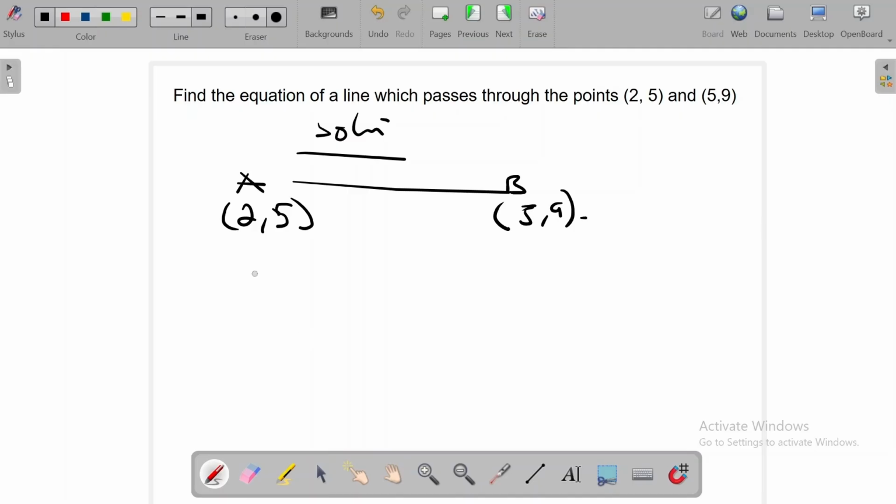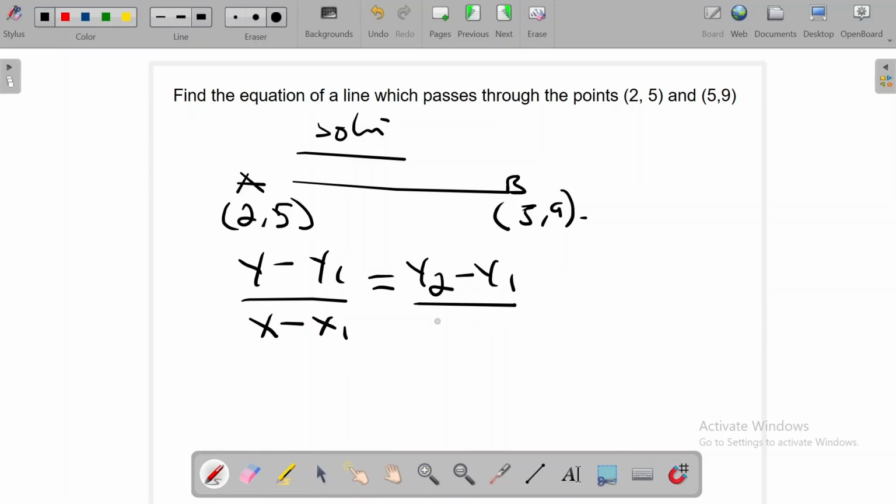The equation I can say, y minus y1 over x minus x1 for the 1-point form, is the same thing as y2 minus y1 over x2 minus x1.